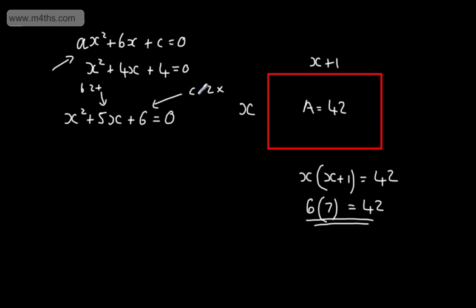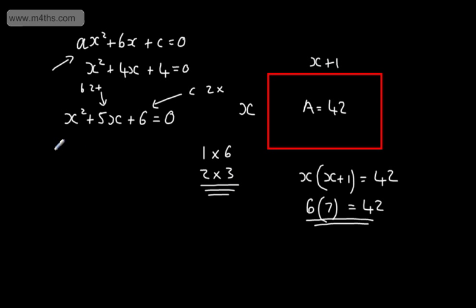If you're unsure, just write down a list of the factors of 6. So we could have 1 times 6, 2 times 3, and that is all we have. So what we want to do is take two numbers that multiply to give positive 6 and add to give positive 5. These are the two that we're looking for.